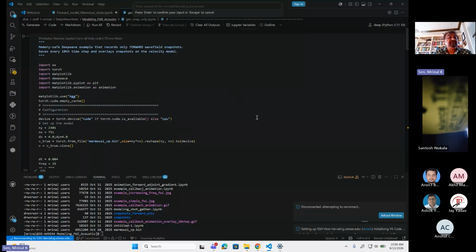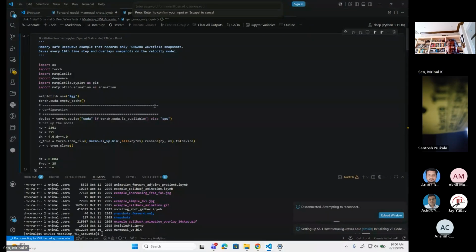So here you're basically importing Deepwave, matplotlib libraries, and so on. And the only thing is you have to learn how to use PyTorch, because all of these variables have to be converted to torch type. And here I have a Marmousi model. This is 2301 by 751. So you can run this.